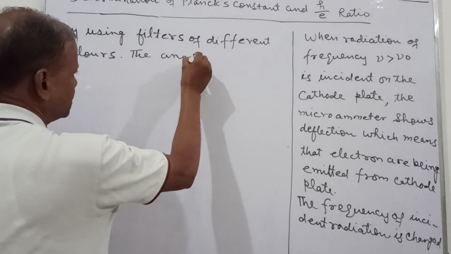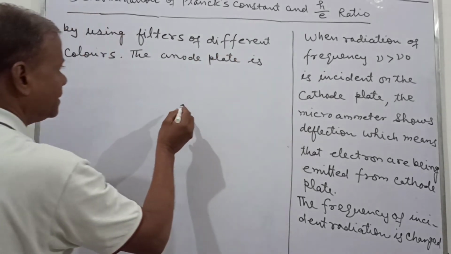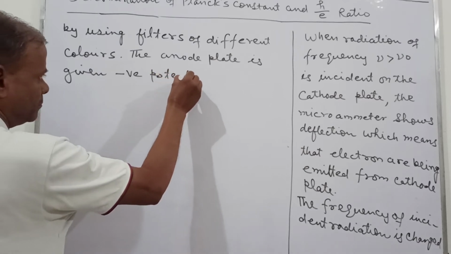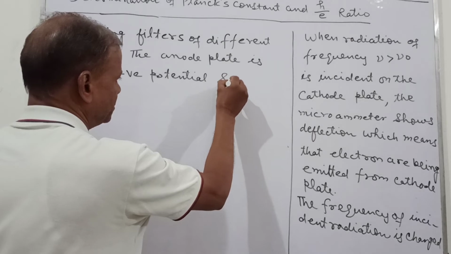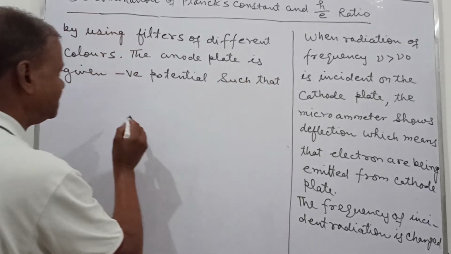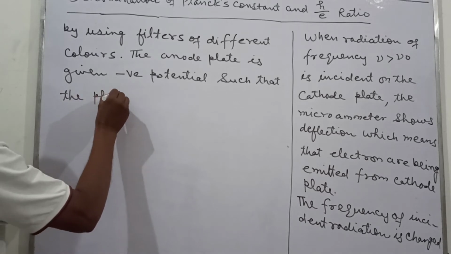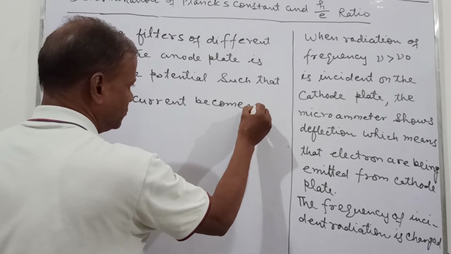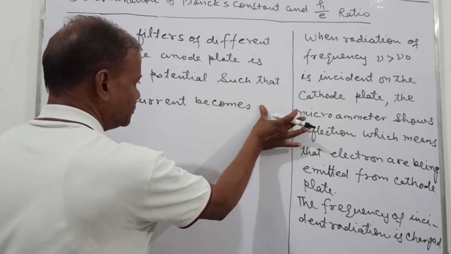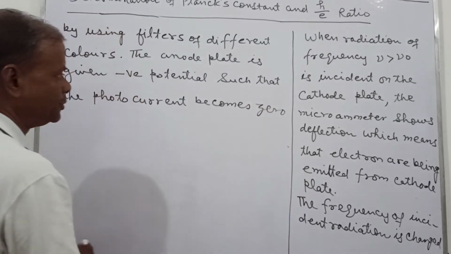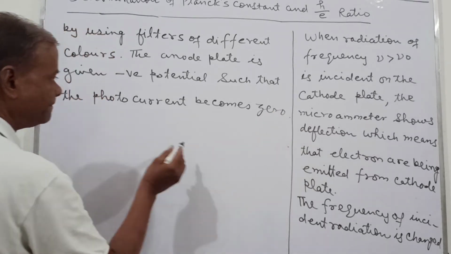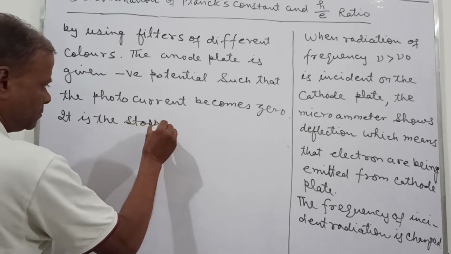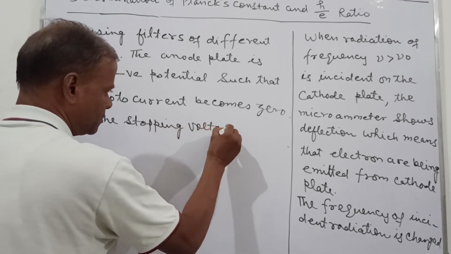The anode plate is given a negative potential such that the photocurrent becomes zero. It is the stopping voltage V0.